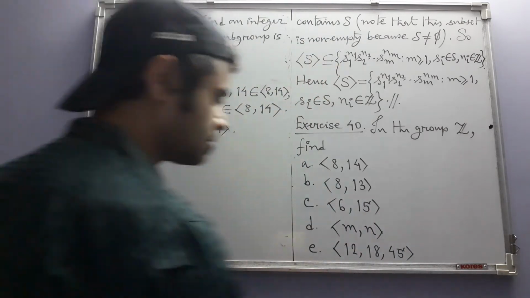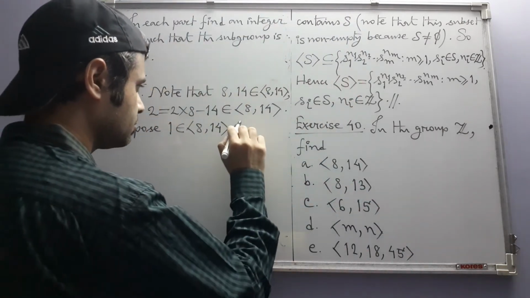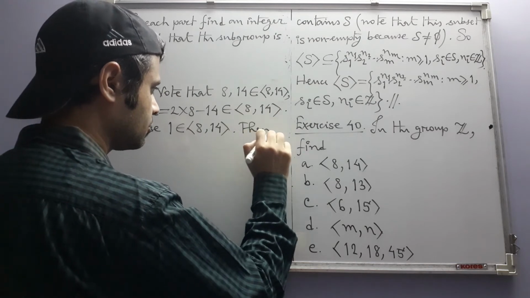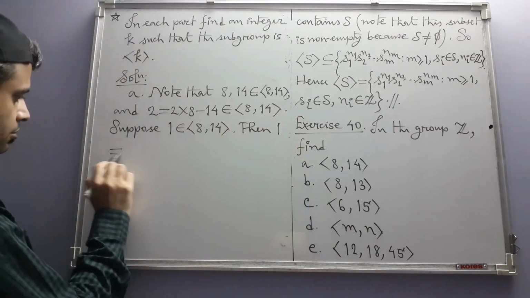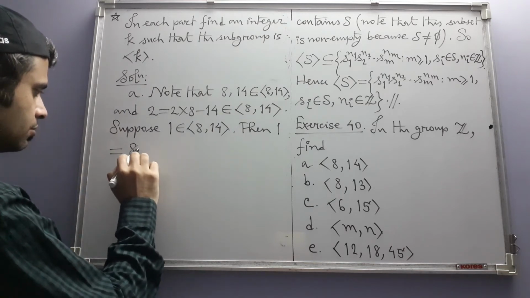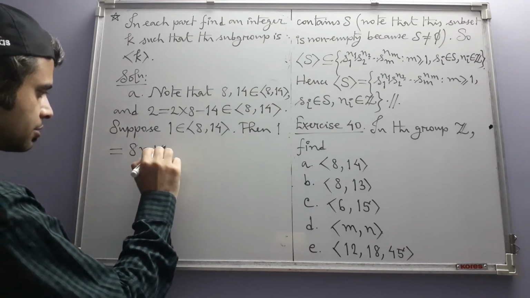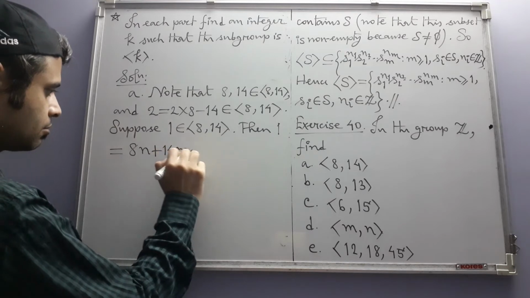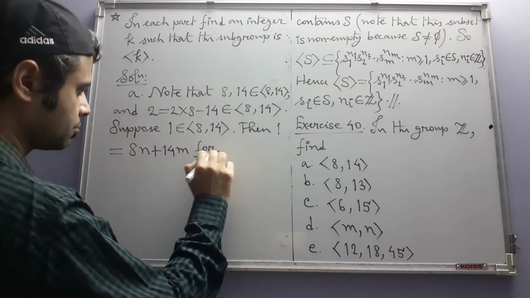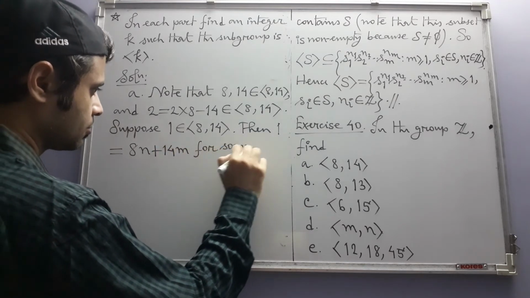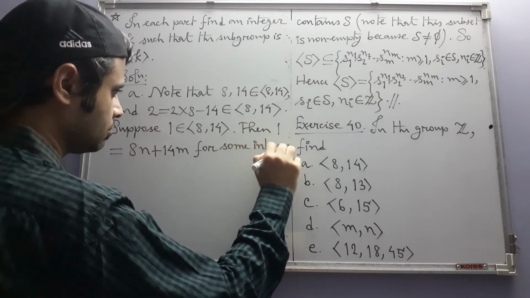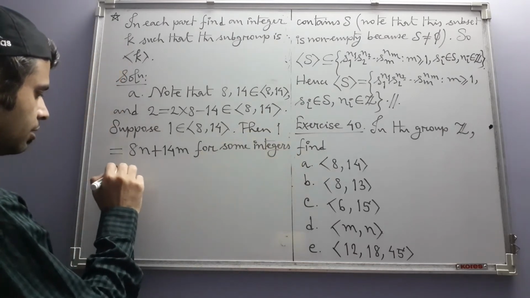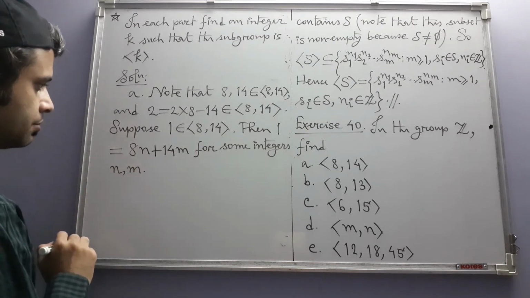So that means 1 will also be an element of that form, 8n plus 14m for some integers n and m.